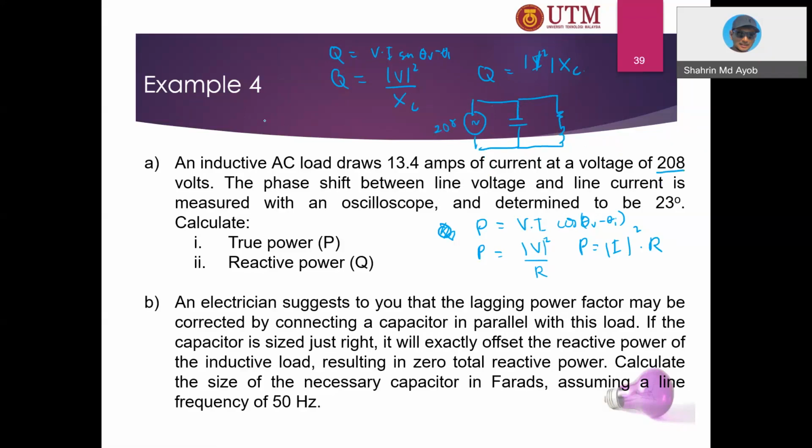So you can use this formula. We ignore the negative sign, so 1.089 k equals 208 squared over your XC.